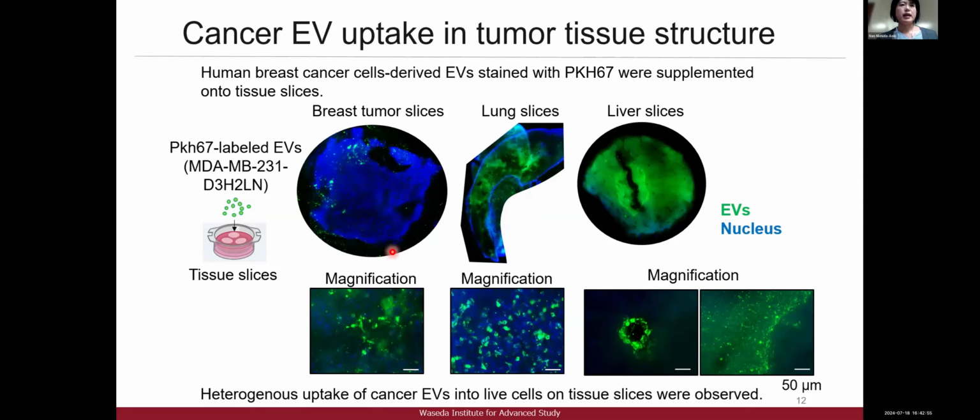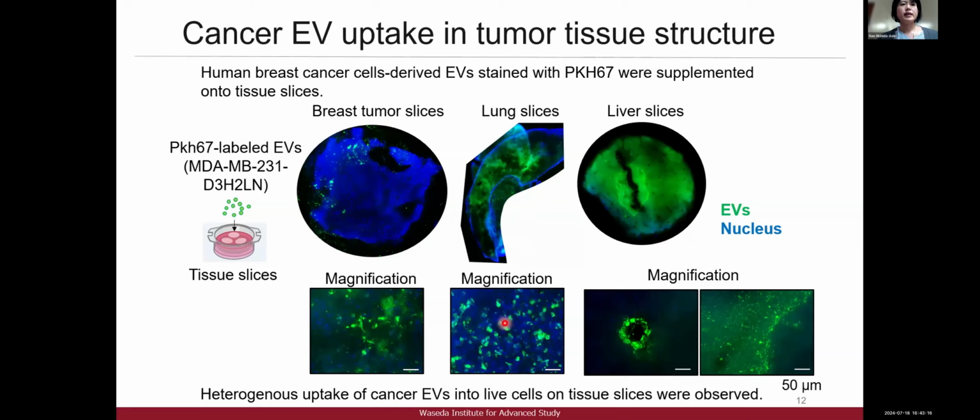And here the cell nuclei are all stained in blue, DAPI. So all the cells, including cancer cells or other cells on the tissue slice cultures, are stained in blue, and the EVs are labeled in green.